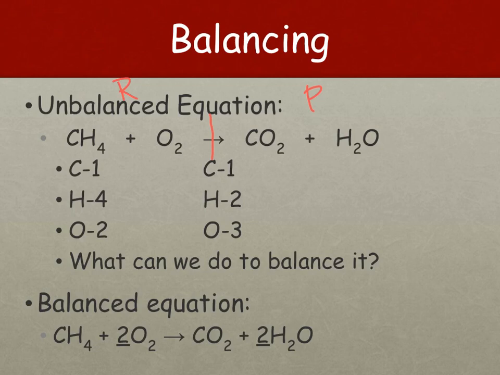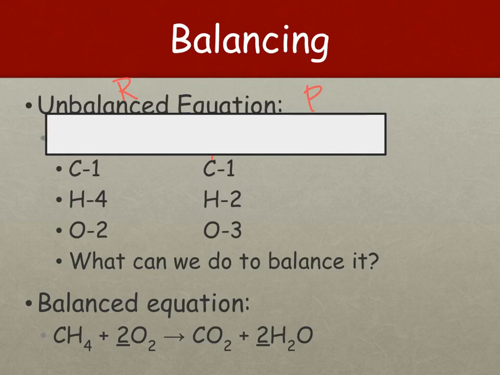Well, I'm going to try to balance the hydrogen. If I were to cover up the equation and look just at the bottom, I see the carbons are balanced, the hydrogen on the left is 4, on the right is 2.